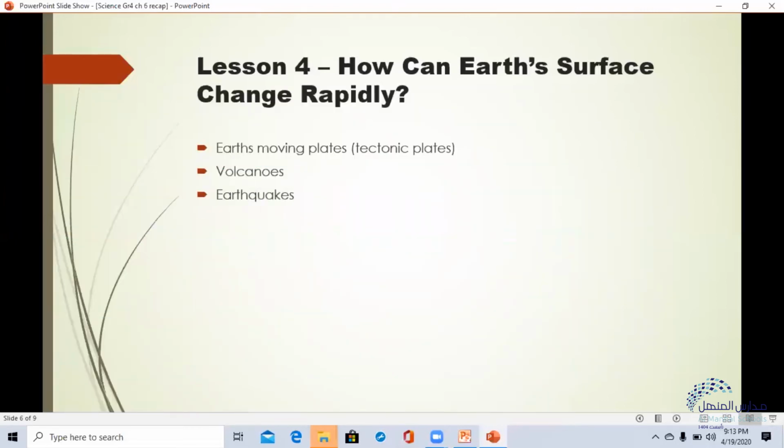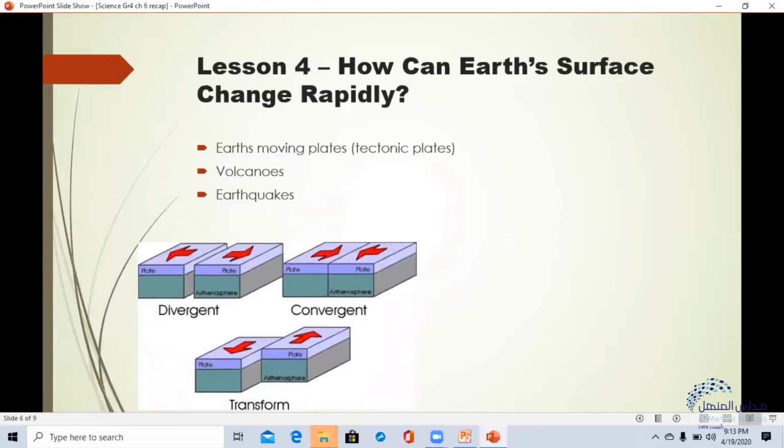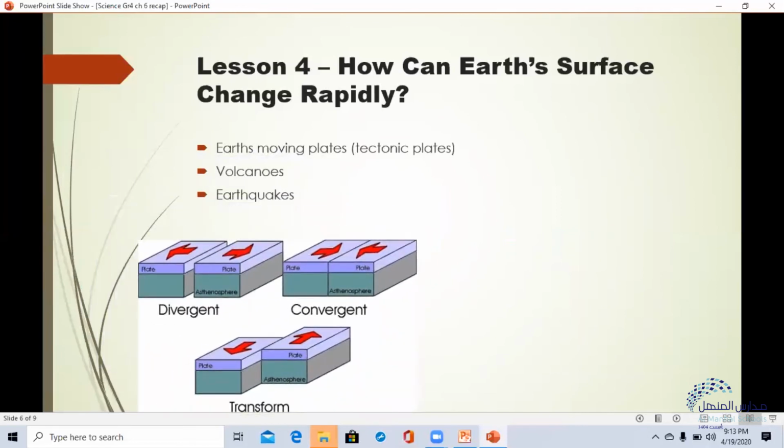So earthquakes. There are 3 different types of earthquakes, or changes in the tectonic plates that move. You get divergent, which means these 2 plates move away from one another. Then you get convergent, which means they move towards one another, and transform, which means they will move opposite one another.